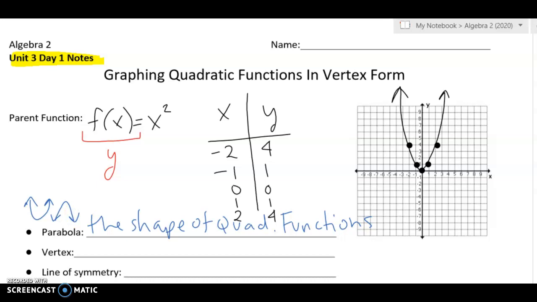The next word we have is vertex. We've talked about vertex before. You probably remember in geometry. The vertex is going to be the highest or lowest, depending on the picture, point on the parabola.